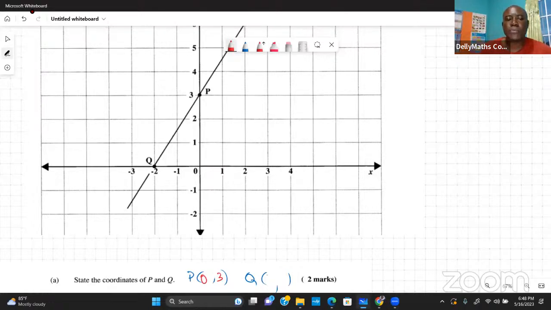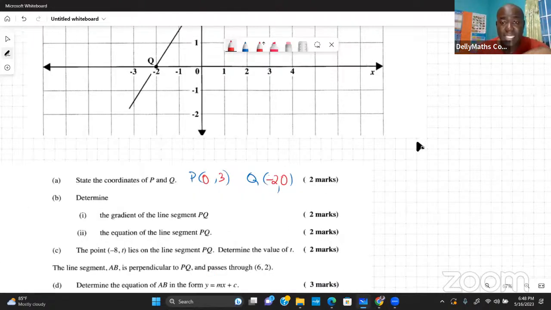And then Q is a -2 on the X, meeting a 0. So you have to look at your horizontal line, then the vertical. So it's (-2, 0). And those are the coordinates. And if you notice, you got 2 marks, 1 for each. Very nice, very easy. Giveaway marks, don't want to miss those.